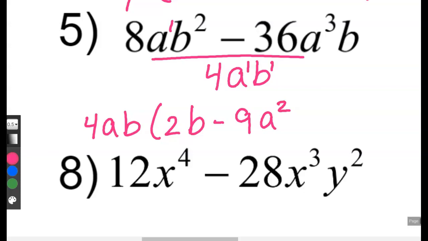And what happens to the b's? They cancel, and I'm done with my answer. I have pulled out a GCF of 4ab. So my end answer is 4ab, parenthesis 2b minus 9a squared.